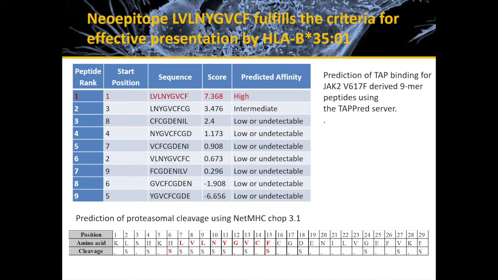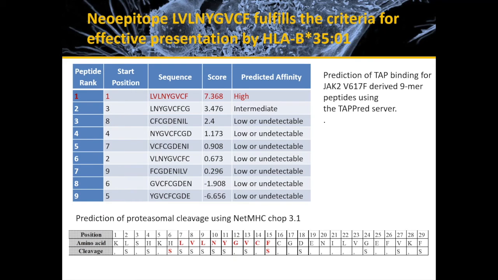All these analyses suggest that B3501 could be a candidate protective allele against the development of JAK2 V617F driven MPN by presentation of JAK2 V617F derived neoantigens.